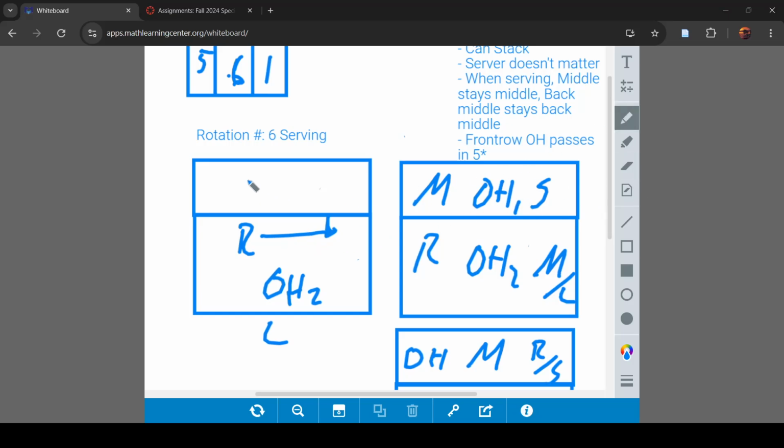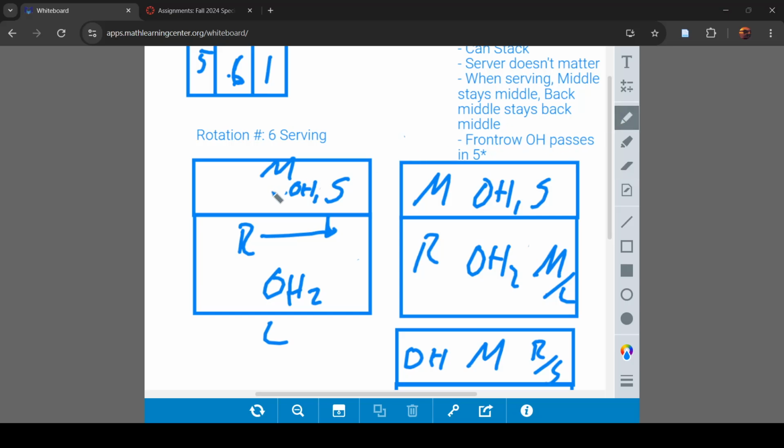I'll just leave that arrow. Middle front stays middle front. Setter is already blocking where they're supposed to, so outside 1 goes over there to block. Okay? Does that make sense?